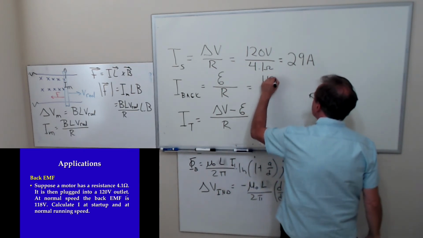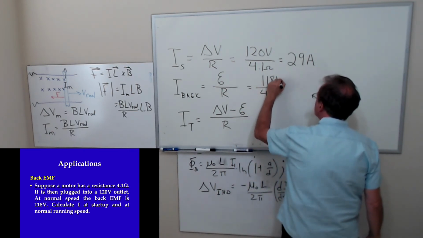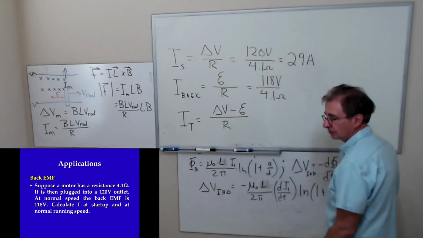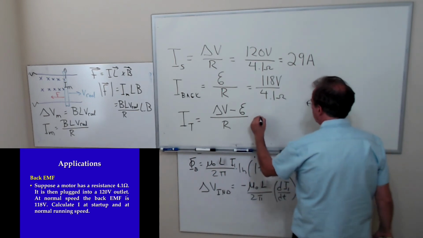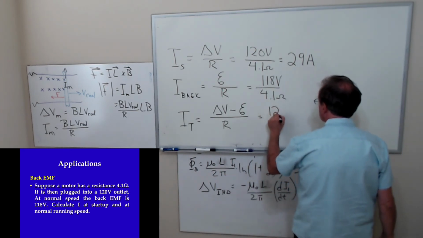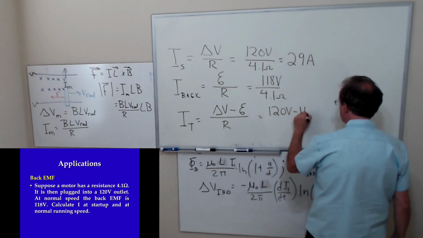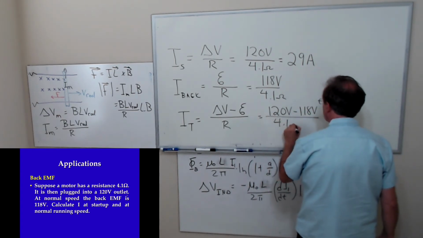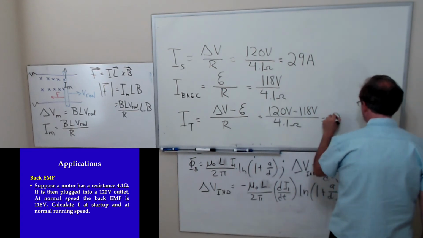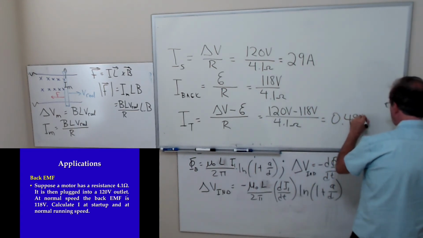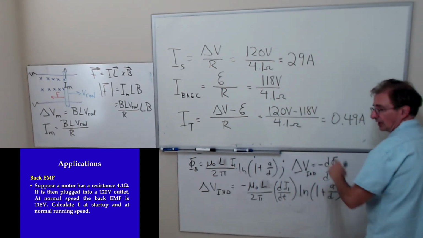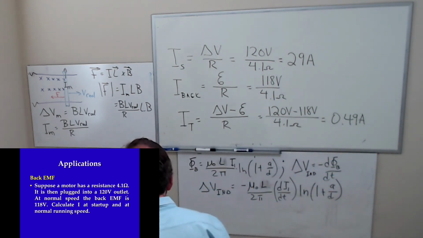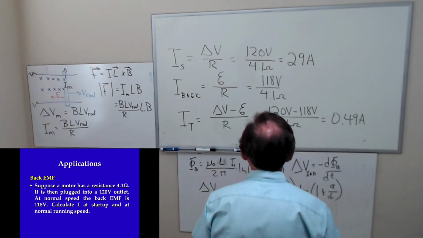And there's a back EMF of 118 volts introduced. So what's the total current that I get? Well, it's going to be 120 volts minus 118 volts over 4.1 ohms. You go from this value to this value. Now, this is, I think, a little bit exaggerated. I took that out of a book. It just seems very exaggerated to me.